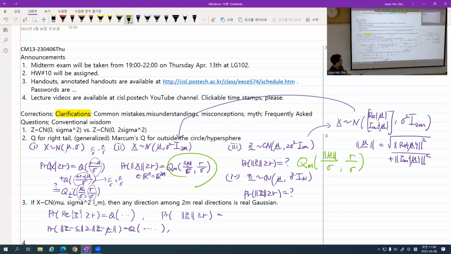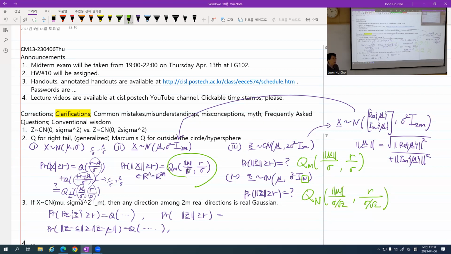Now, what if I slightly change the covariance matrix to sigma squared times identity? Then your answer must be Q of, be careful, here the complex Gaussian has length n, which means that the real Gaussian has length 2n. But in Marcum's Q function, you put that n, so here goes n, and mu over, what is the variance of each real Gaussian? Sigma over square root 2, because the variance is sigma square over 2. And here r divided by sigma over square root 2.